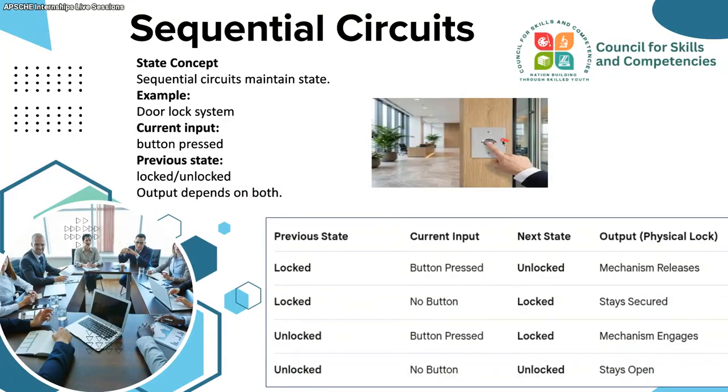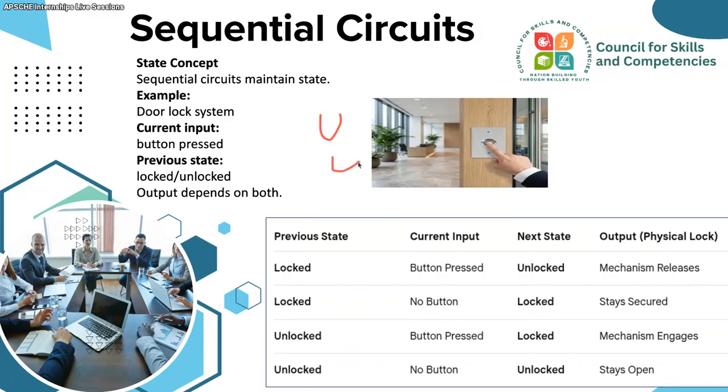That means if the button is pressed, that is the input. Depending upon its previous state, while pressing the button, the door might be opened. At the time of giving the input, the previous state might be locked or unlocked.